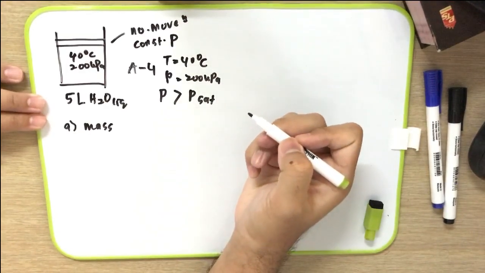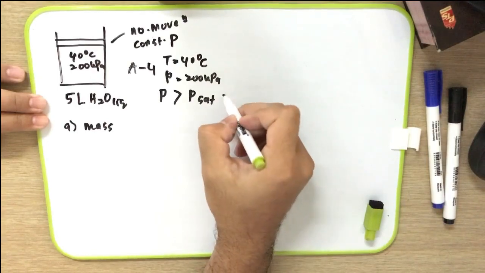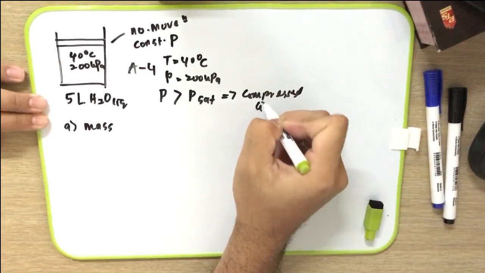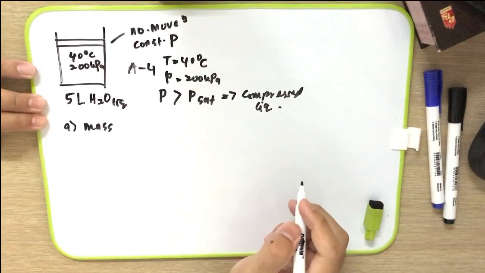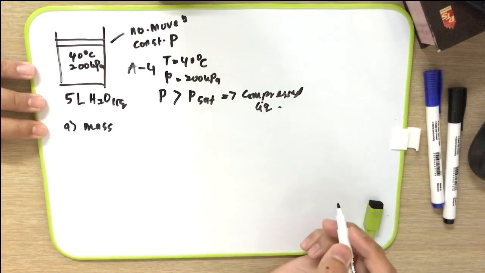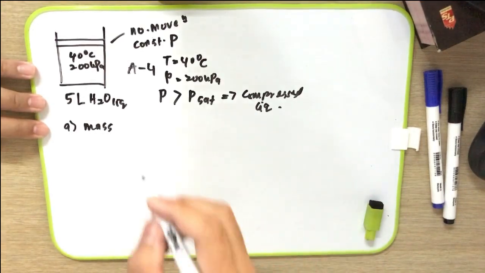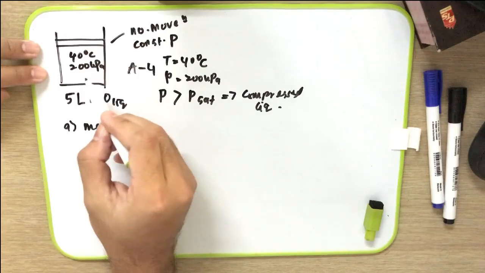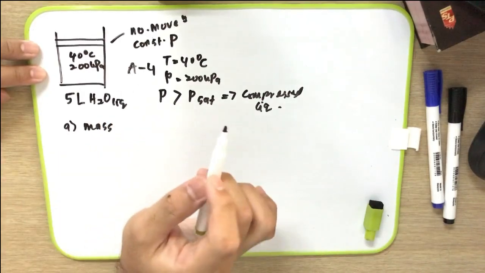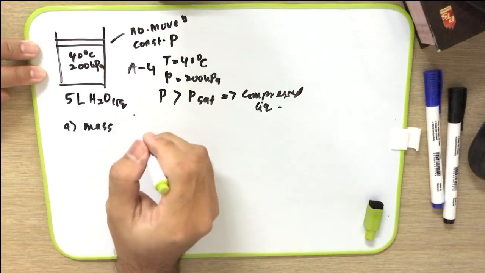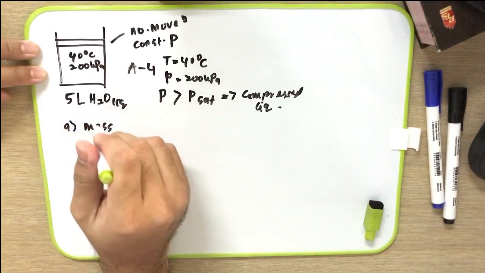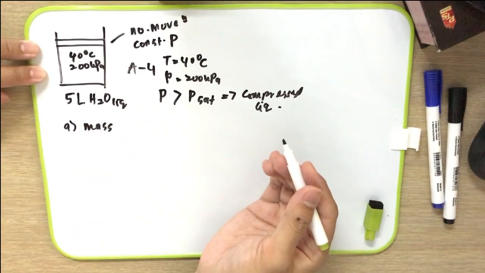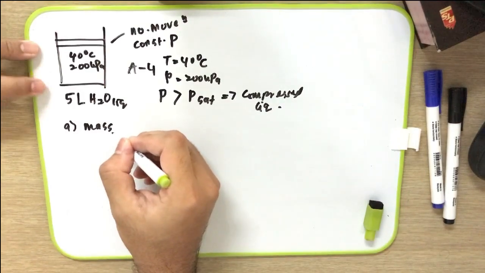According to the phase condition, when P is higher than P saturated, the phase is compressed liquid. Yes, it is compressed liquid. Now the mass. We know that the piston is not moving, so the mass will be equal. In any question, if the material comes in one amount of mass, the mass is still the same until the end of the process.